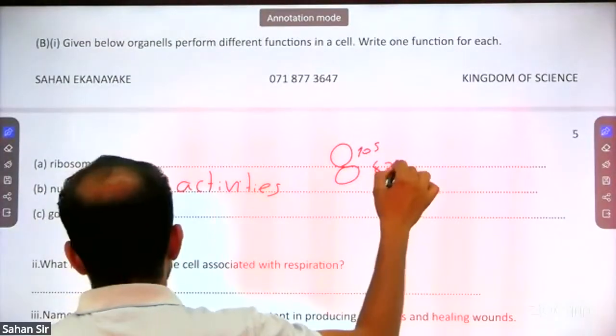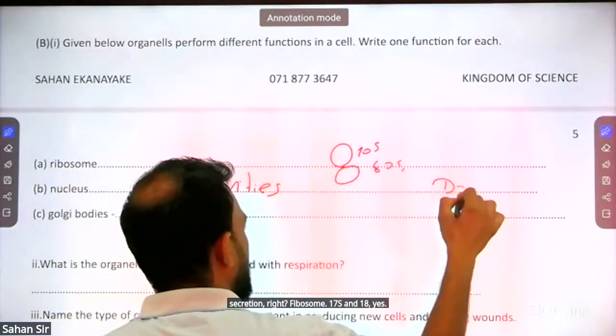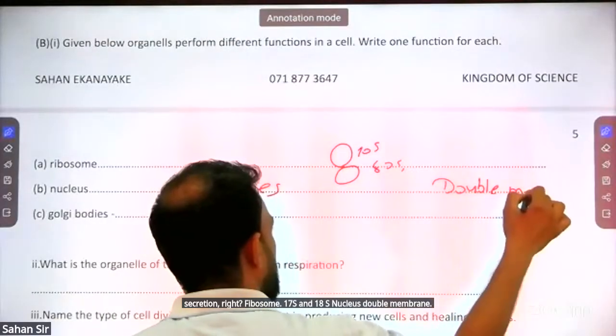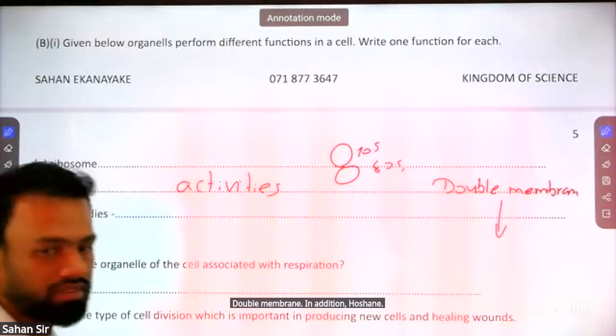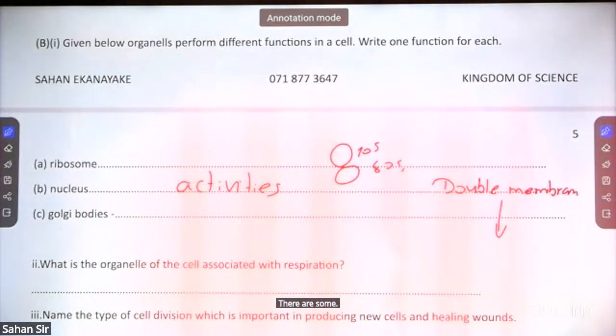Nucleus, double membrane. In addition, there are some organelles where we can observe a double membrane.